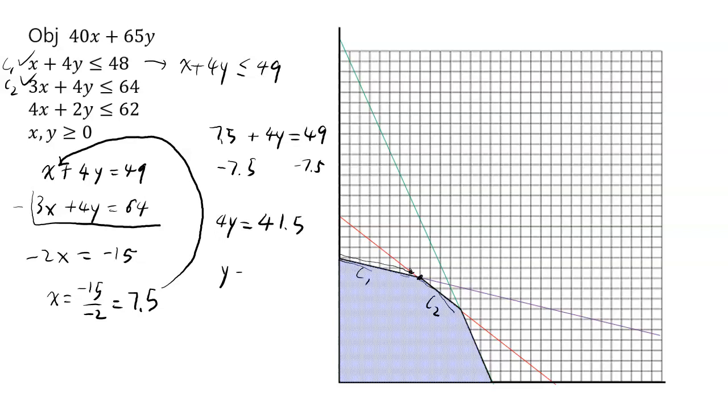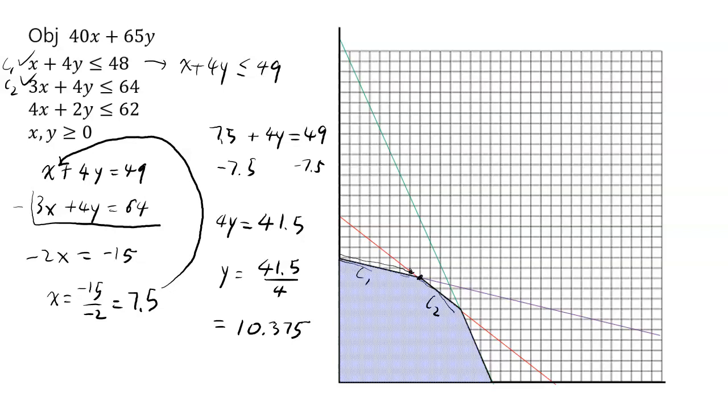And dividing 41.5 by 4, you get 10.375 would be what you get. Okay, so you can check this calculation with a calculator. All right, so you get this new binding point, or another name for binding point is the optimal solution. You get a new optimal solution.